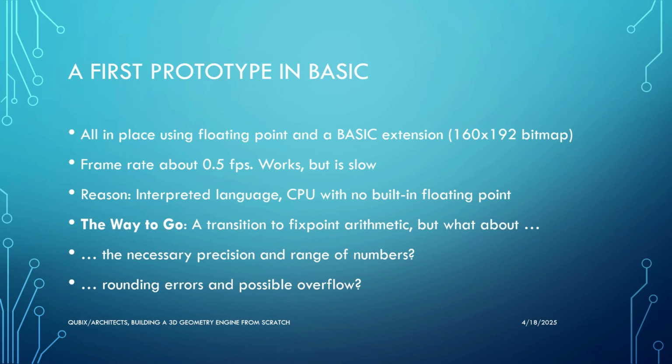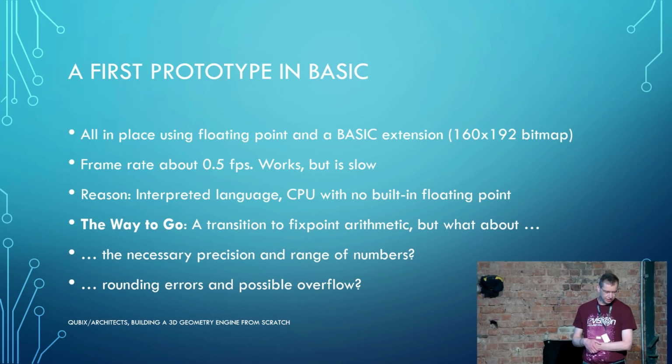What we need to do is transition to fixed point arithmetic, but first we need to think about what precision we need, what range of numbers we need, what rounding errors we need to consider, and what about overflows?